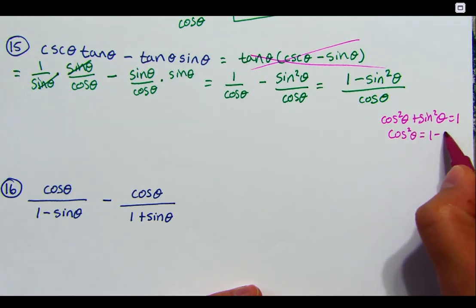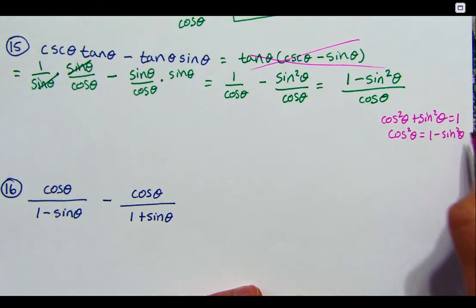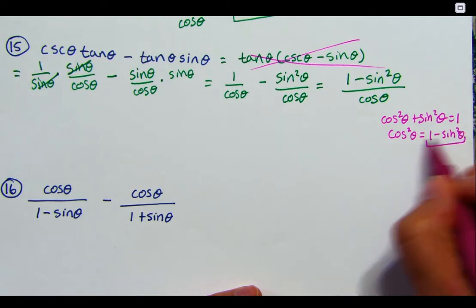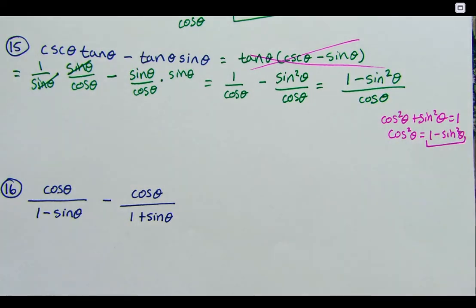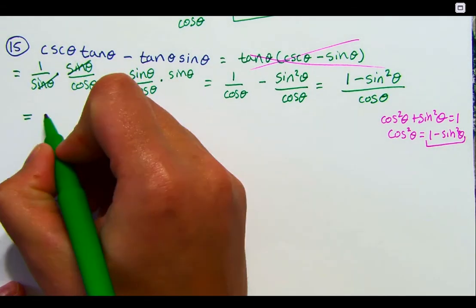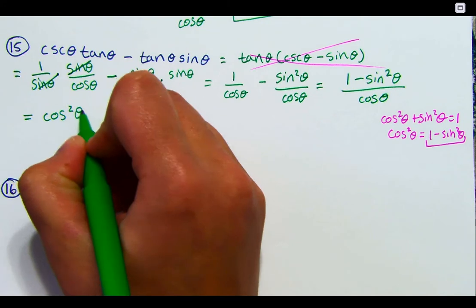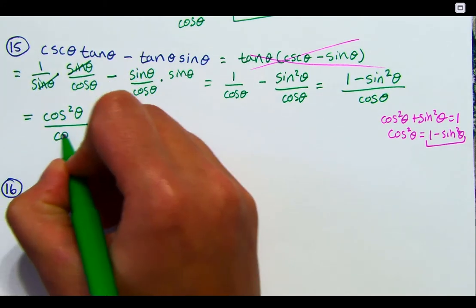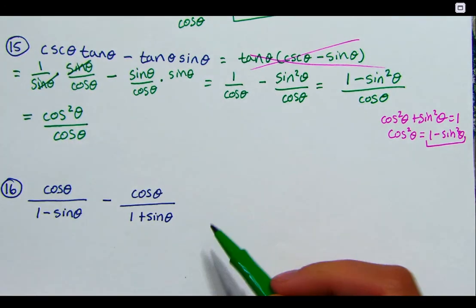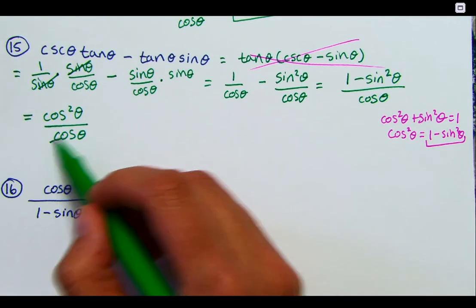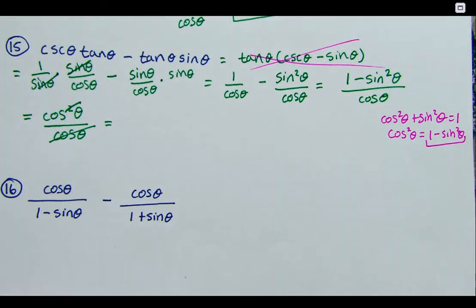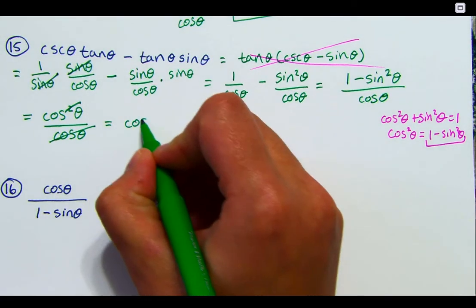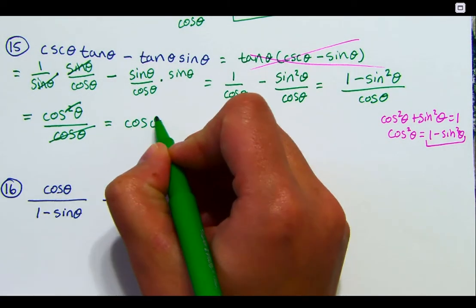So 1 minus sine squared theta. And then now I'm allowed to replace this with the cosine squared. So I'm going to replace the numerator with cosine squared theta. So that will give me cosine squared theta over cosine squared theta's denominator. And now I can simplify that fraction. So I can take away 1 cosine from each of those. And then that will leave me with cosine theta as my final answer.